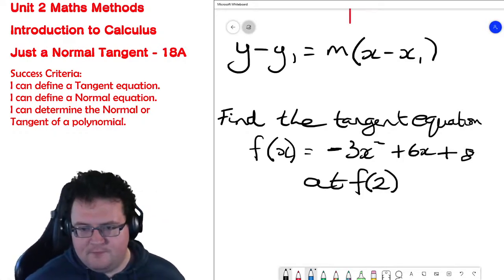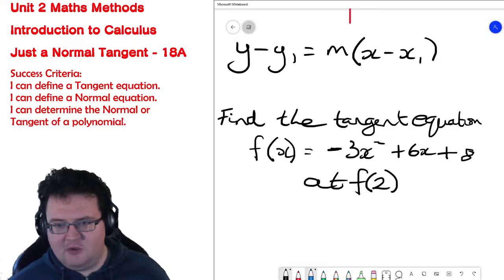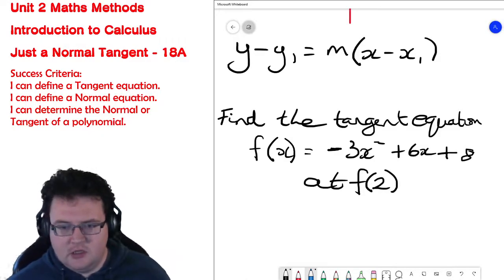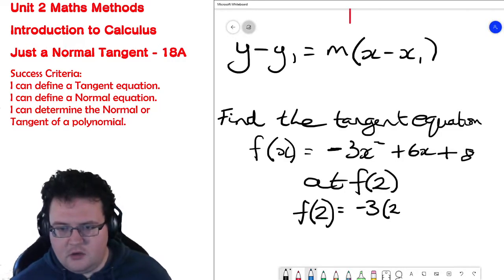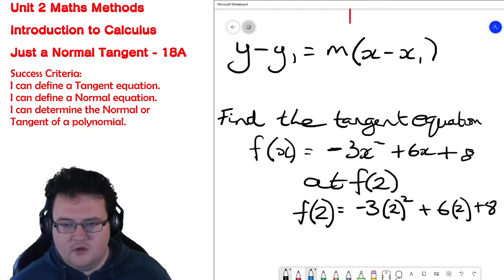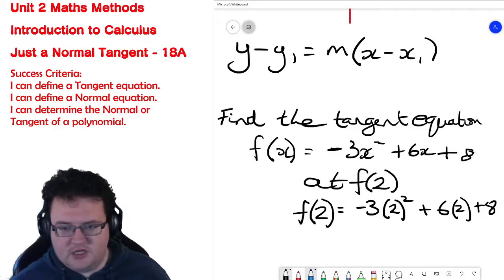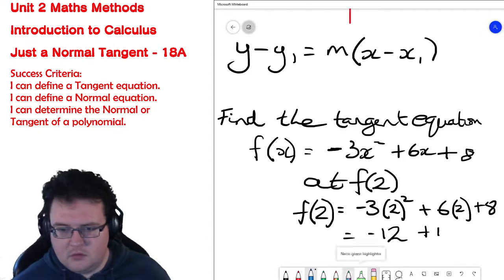By the way, what is f(2) going to become, guys? So we need to find out what f(2) is actually equal to. Negative 3 times 2 squared plus 6 times 2 plus 8. So 2 squared is 4, so that's minus 12, plus 12, plus 8.